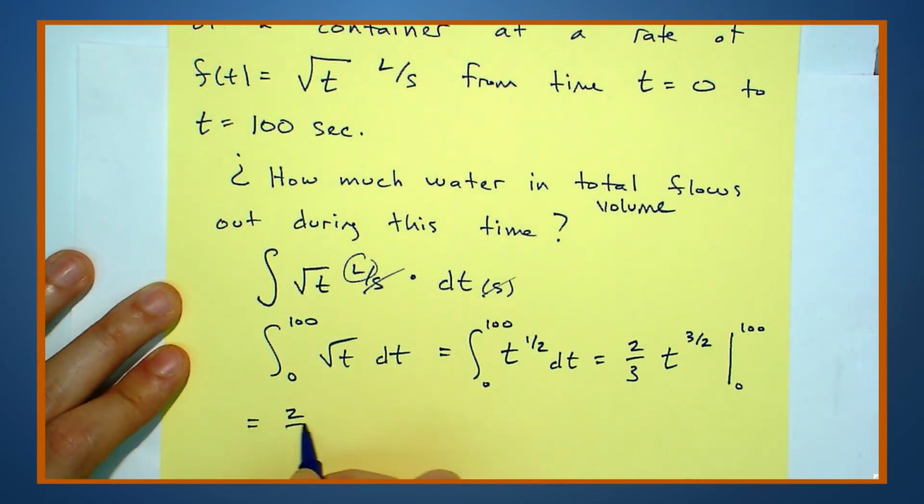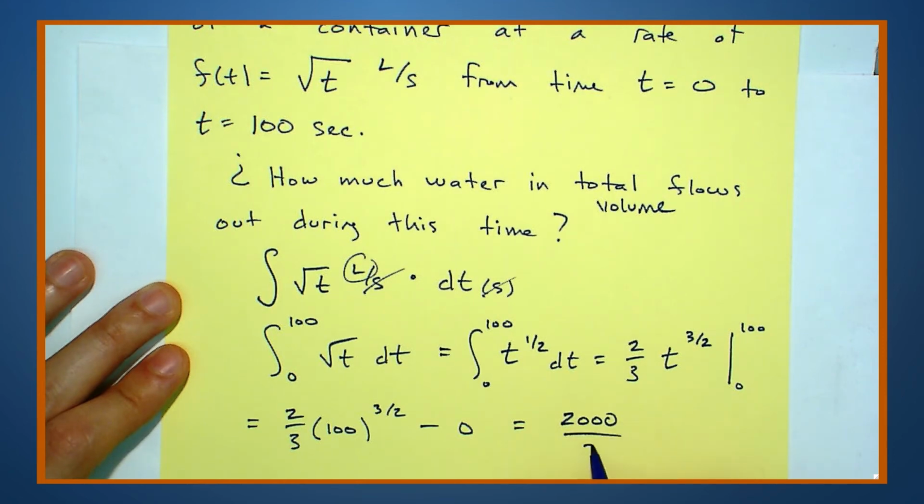The upper bound is 100 to the 3/2 power minus the lower bound 0. 3/2 power is really telling you to do the square root of this number, that's 10, and then cube it, that's 1,000. So my final answer here is 2,000 divided by 3. And remember the units are liters. That's the total volume that flows during this time.